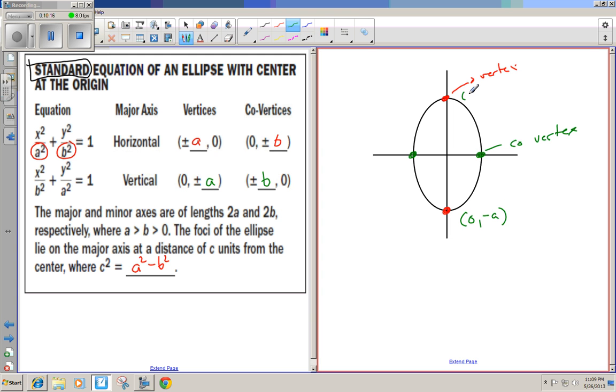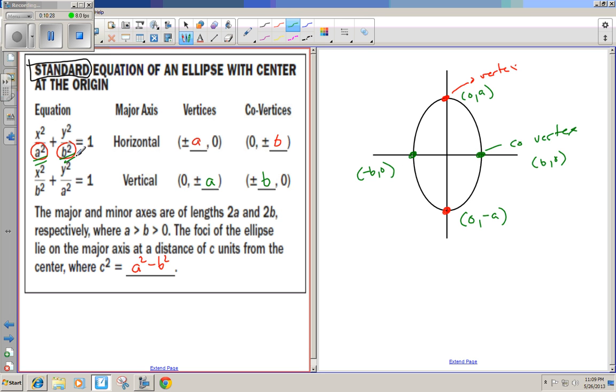This should be 0, positive a. This should be b, 0. And this should be negative b, 0. And it all has to do with which one of these is bigger. So since a is bigger in this situation, you can see that a is further away from the center.